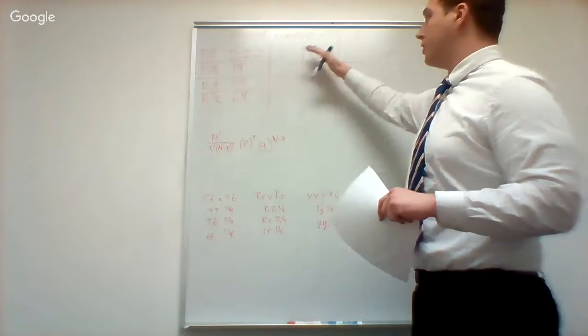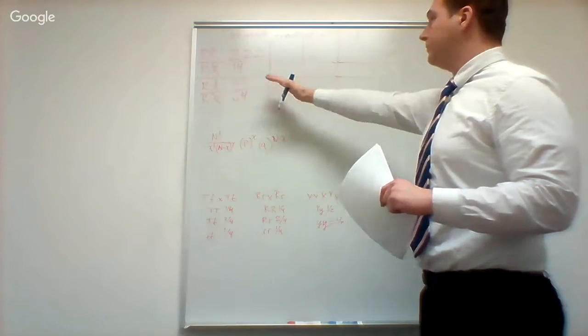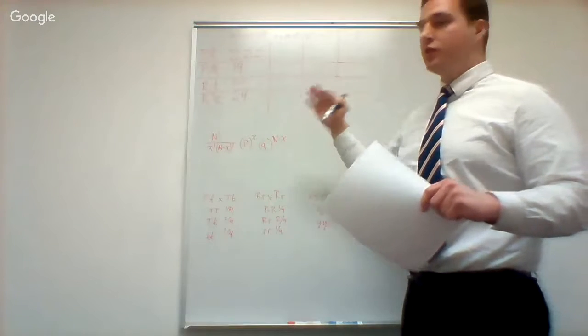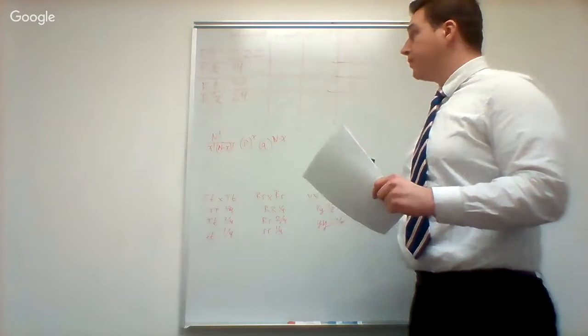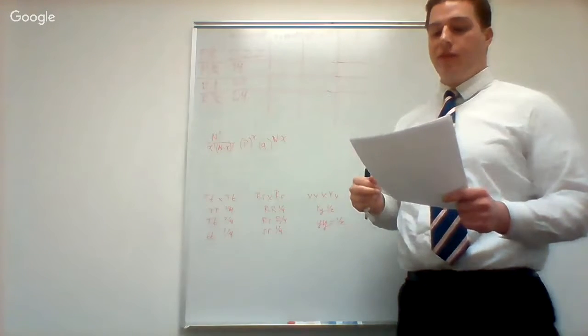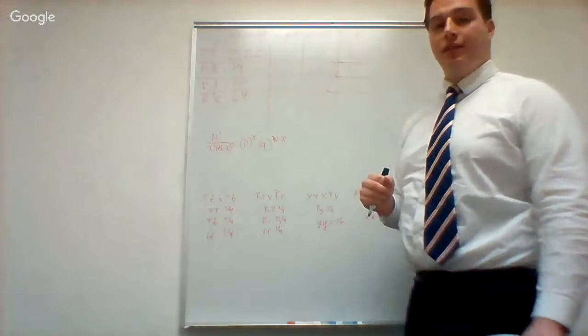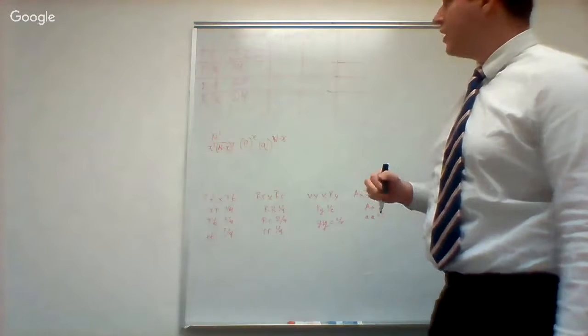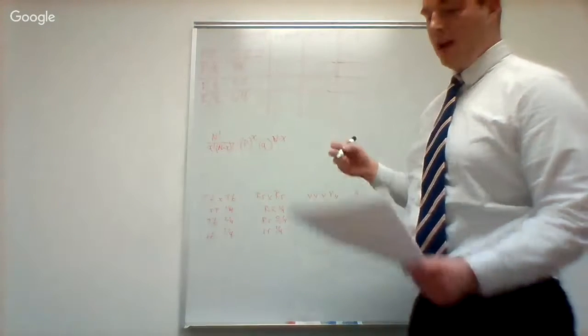I went ahead and set up a chi-squared diagram that I'm going to use to show you how I did it. First, I created a null hypothesis. My null hypothesis is that it would follow Mendelian inheritance. And so we'll find out.